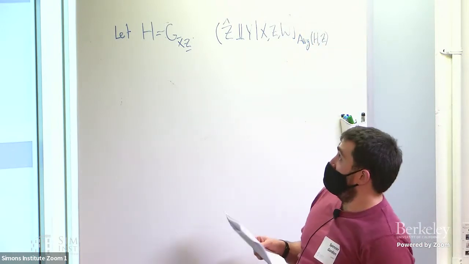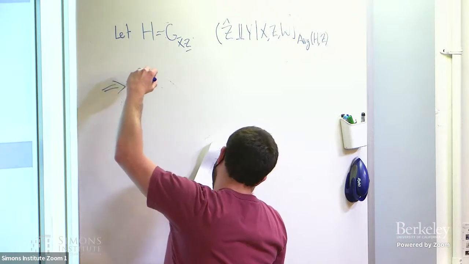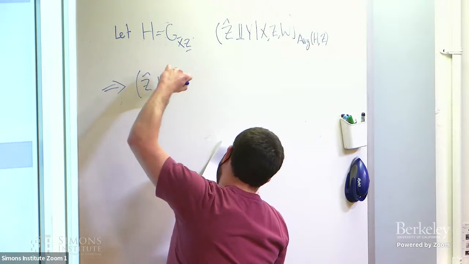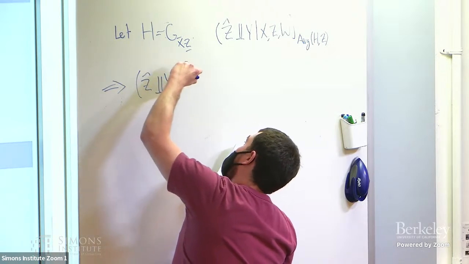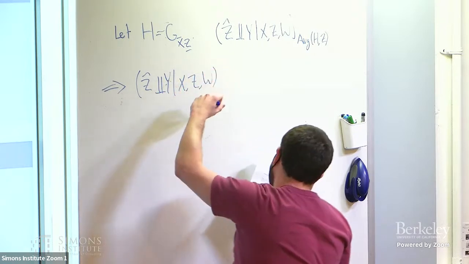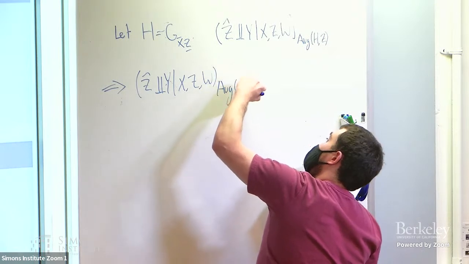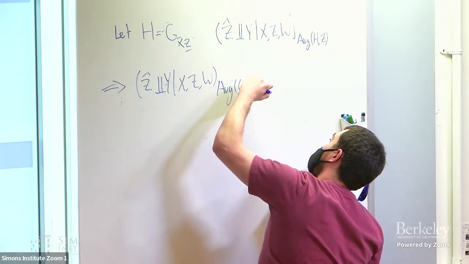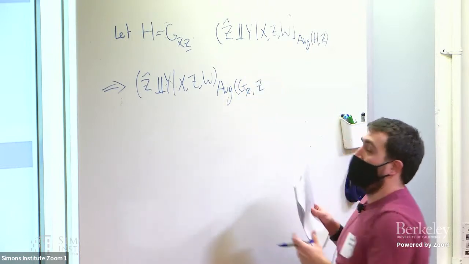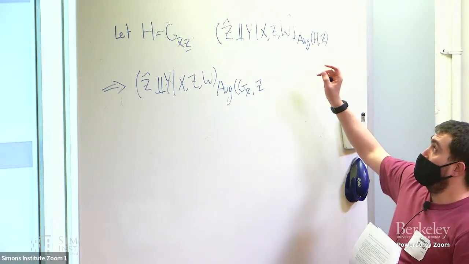I claim that this also means that Z hat is independent of Y given X, Z, and W in the augmentation with respect to Z of the graph where we haven't removed the children of Z, right?